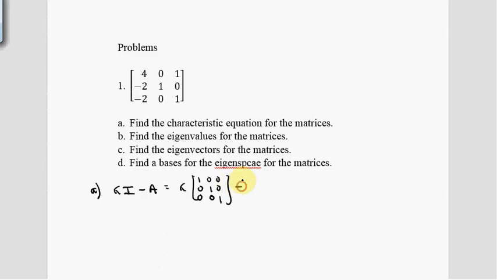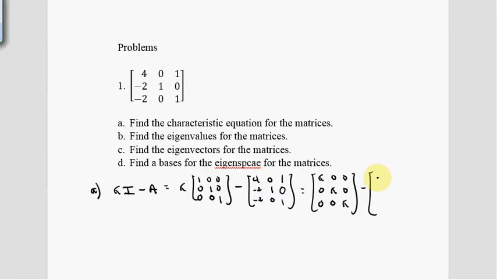That's lambda times the identity minus A, where A is 4, 0, 1, negative 2, 1, 0, negative 2, 0, 1. This is lambda 0, 0, 0, lambda 0, 0, 0, lambda minus 4, 0, 1, negative 2, 1, 0, negative 2, 0, 1.